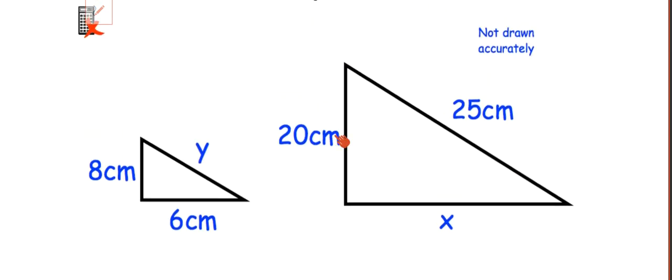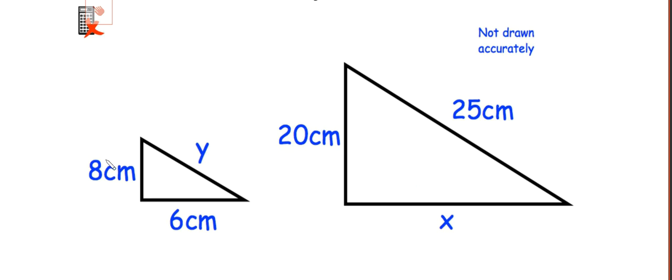This one. Important, we do not assume it's a right angle triangle. It may well be. Okay? If it was, I could work out why without doing anything else. But we don't know. There is no symbol. Now, it might turn out that it is, but we can't assume it is.